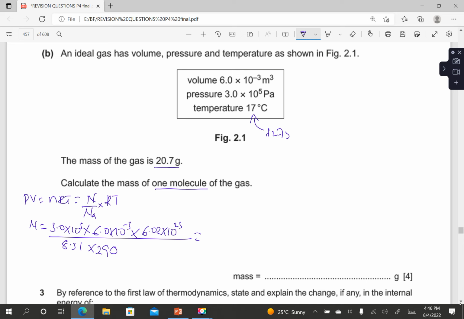So I'm getting 4.5 times 10 power 23. That is the number of molecules, and the mass of the gas is 20.7 grams. Remember, the gas has this number of molecules. So the mass of one molecule should be 20.7 grams divided by the number of molecules, 4.5 times 10 power 23.